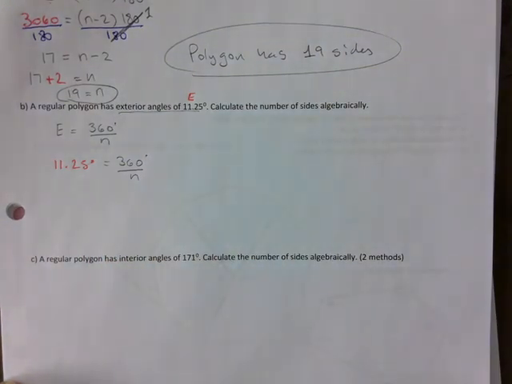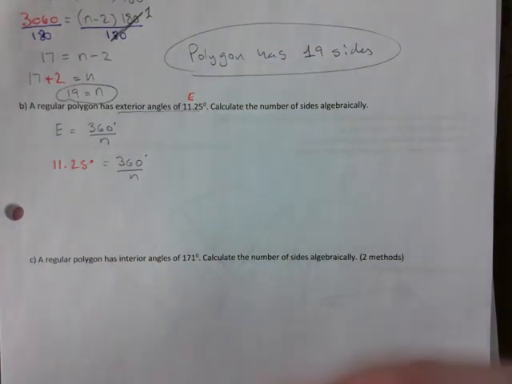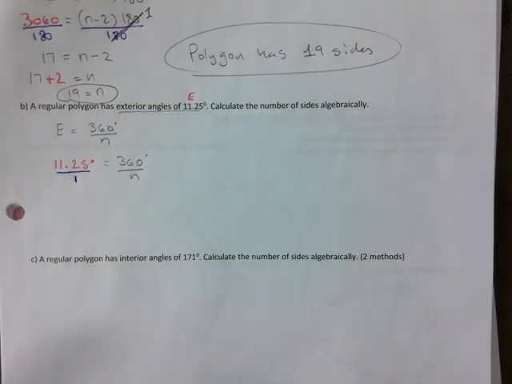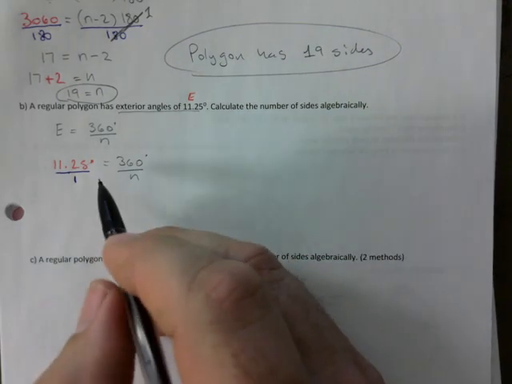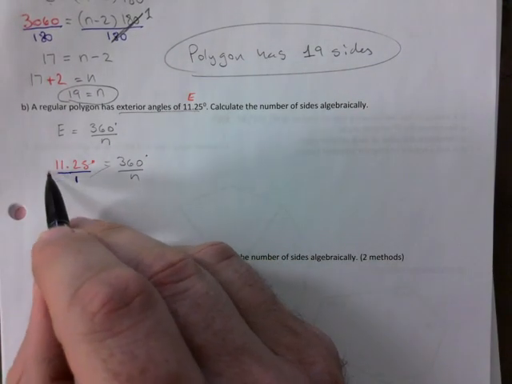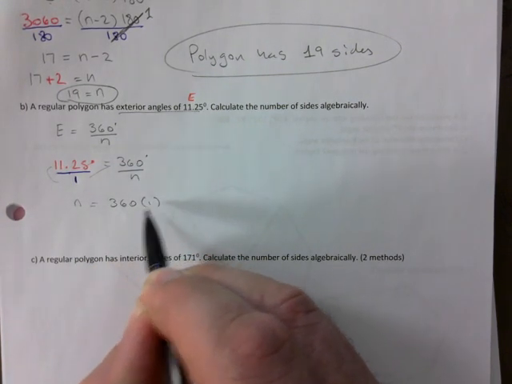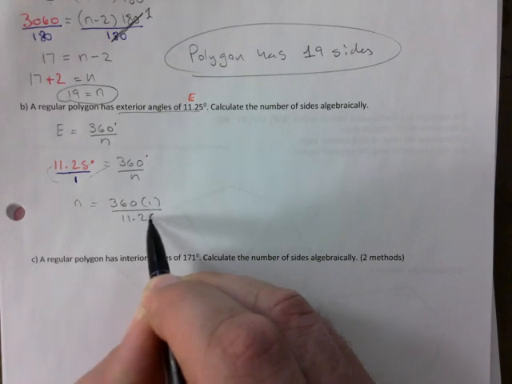And so here's the power of 1. I don't know if I've done that before, but right, you just say, hey, that's 11.25 over 1. And you should see cross multiply and divide like a proportion there. So it's 360 times 1 divided by 11.25.